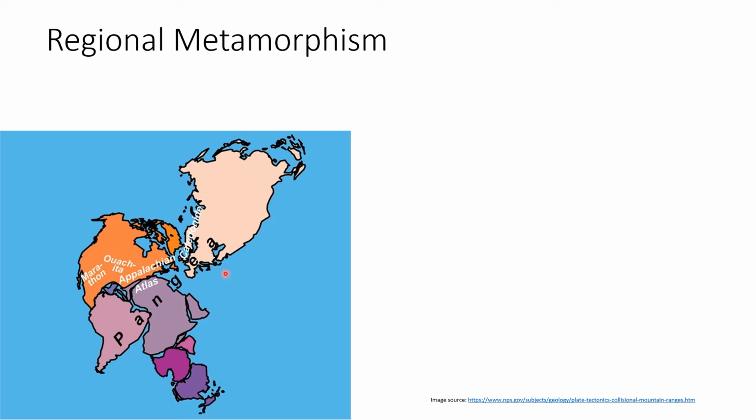So when we talked about plate tectonics, we talked about the formation of Pangaea, and see how you've got Africa here, and then a little bit of the European stuff slammed into North America, creating the Appalachian and the folded valley and ridge system. So this whole area or region is what gives us the idea of regional metamorphism.